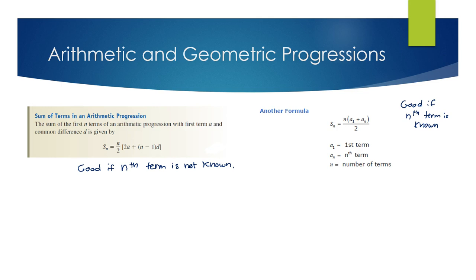Whereas if I happen to know what the nth term is already, the second one is the formula to use. So if you were asked to add the numbers 1 through 100, you know what the first term is, you know what the last term is. You notice that the common difference doesn't play a role in this because, if you know how many terms there are and you know the first and last terms, that kind of hides the common difference, because you can figure that out. I would use that second one.